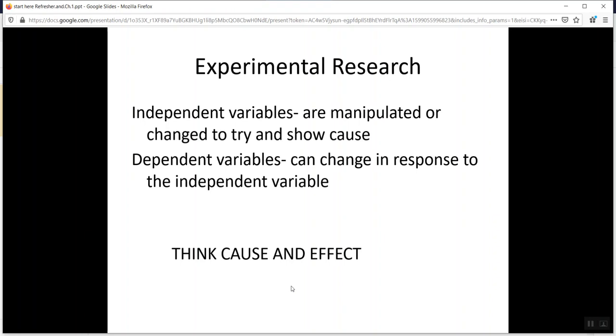And we can't randomly assign a variable that we know is very, very likely to cause harm. Ethically, we can't do that.